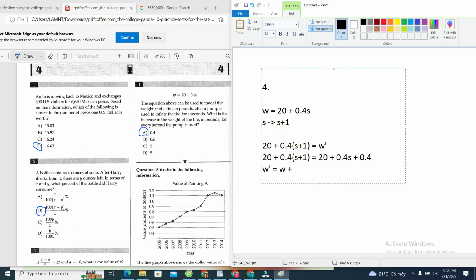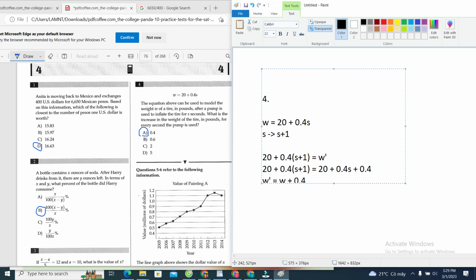Because W is 20 plus 0.4s, so plus 0.4 here. So we're gonna increase by 0.4, so it's A.